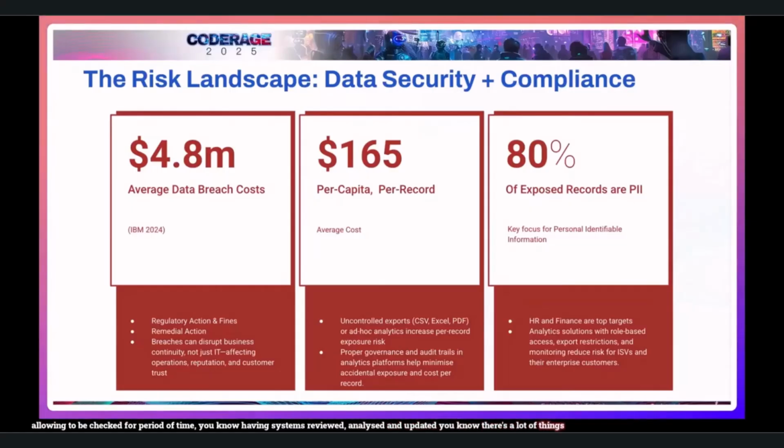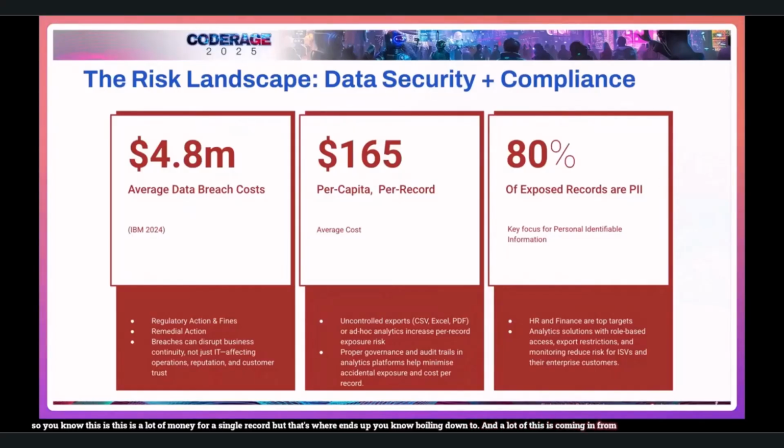There's a lot of things that go into impacting an organisation. And the average cost per capita worked out to about $165 per record that was breached. So this is a lot of money for a single record, but that's where it ends up boiling down to.